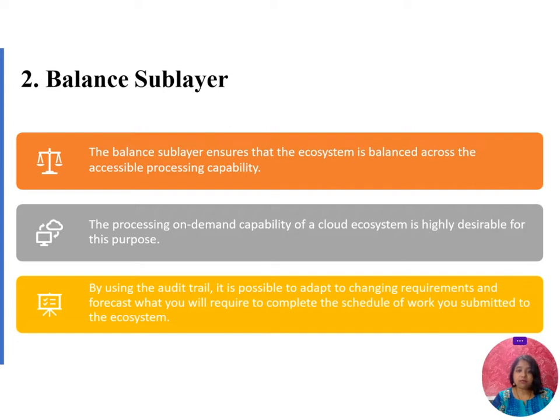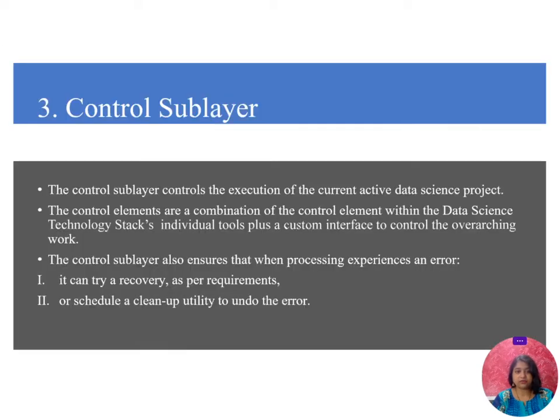The processing on demand capability of a cloud ecosystem is highly desirable for this purpose, and by using the audit trail, it is possible to adapt to changing requirements and forecast what you will require to complete the schedule of work you submitted to the ecosystem. So the balance sublayer will work towards the balancing of the ecosystem. It will take the help of on-demand processing capabilities and the audit trails.